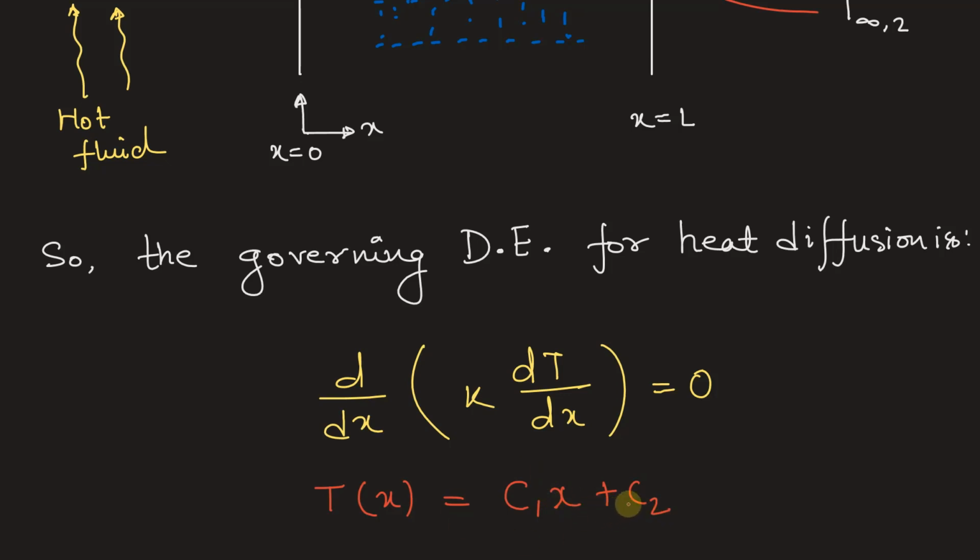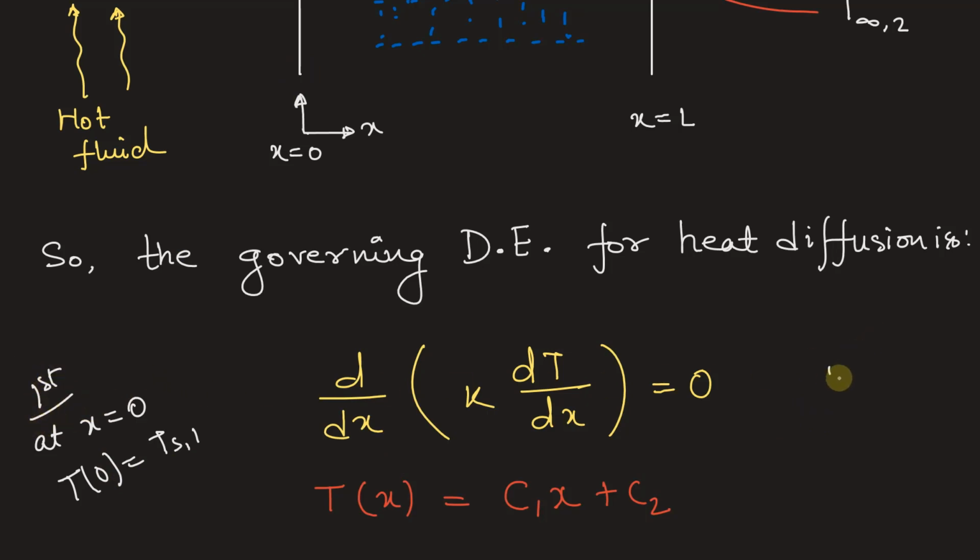Now to obtain c1 and c2, we can substitute the limits. At x equal to 0, the temperature is Ts1, that is the surface temperature at the leftmost surface, and this is the first condition.